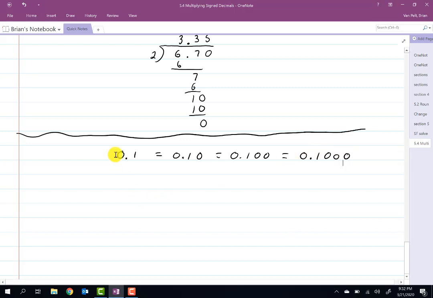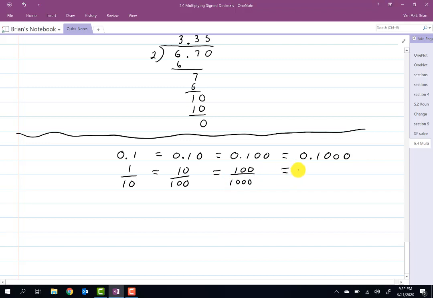0.1 is also called 1/10. But 1/10 is the same as 10 hundredths. It's like you multiplied the top and bottom by 10. Well, I could multiply the top and bottom by 10 again, and I'll get 100 thousandths.